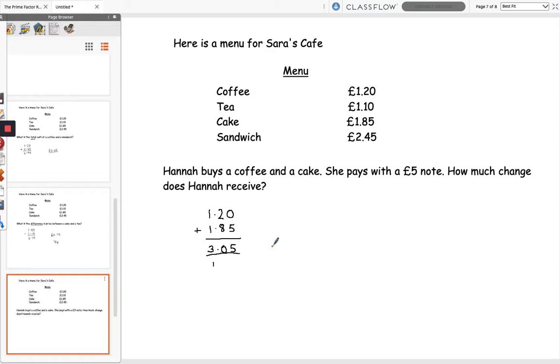Now Hannah pays with a £5 note, so I need to work out how much change she receives. So I need to take the total cost of the coffee and the cake away from £5. So let's put £5 at the top, and I'm going to take away my £3.05.